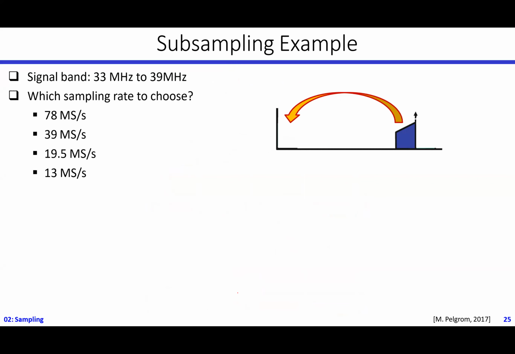Now let's see this example. If I have a signal that has the band from 33 megahertz until 39 megahertz, so this point is 33, this point is 39, it has a total bandwidth of 6 megahertz.